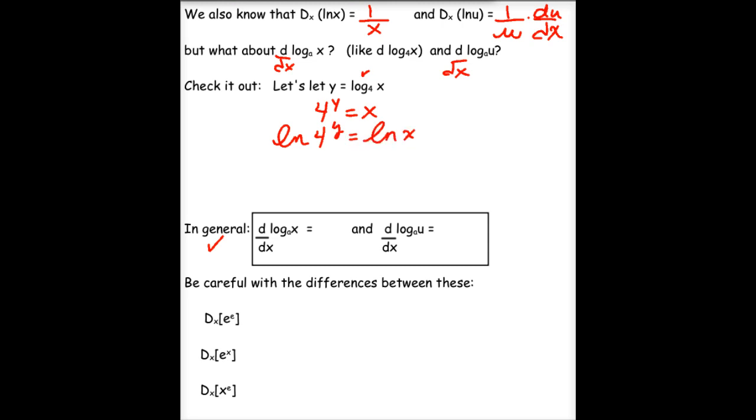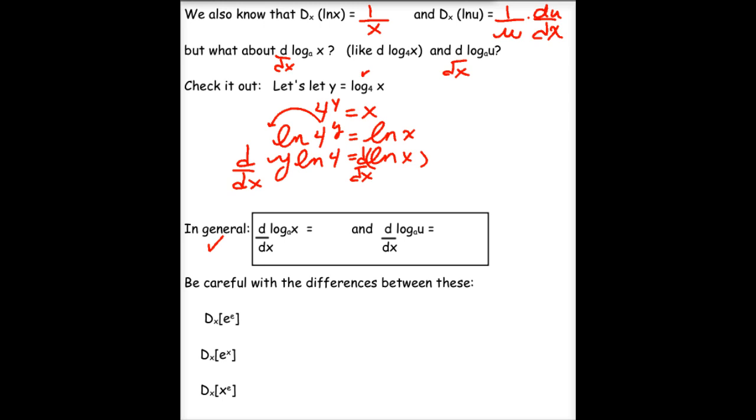I'd then be able to bring the y out front, and I'd get y ln 4 is equal to ln x. Next, I would take the derivative of both sides with respect to x. And see if I can squeeze this in here.